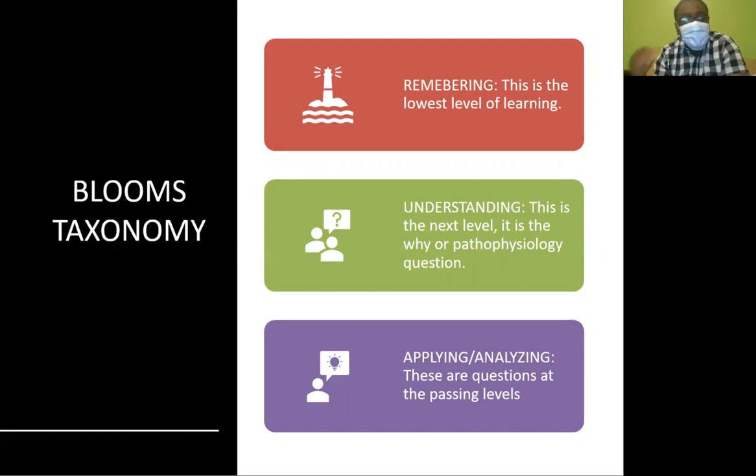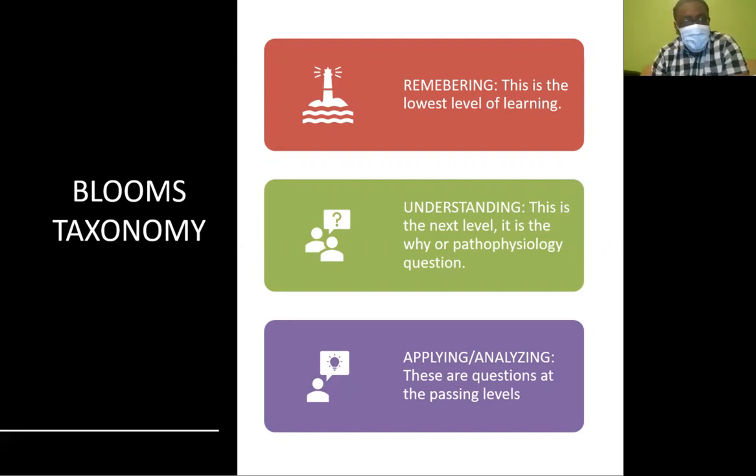So these questions are the ones that are at the passing level. For example, you visit a client in the home and the client reports being unable to sleep flat in bed. He has to sleep in a recliner for nights. Which action does the nurse take first? So the nurse has to think, my patient is sleeping in a recliner, he can't sleep flat. My knowledge tells me orthopnea is a symptom of left-sided heart failure. So maybe I need to figure out what's going on with this client's lungs.